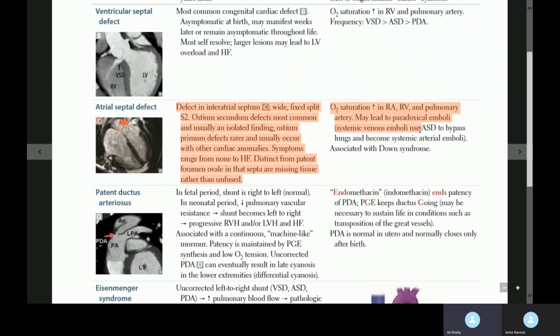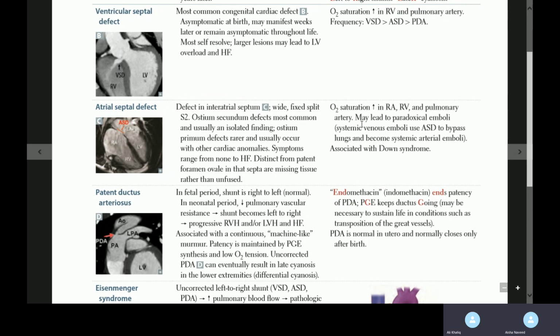What are you getting from this? The first part: increase in the right atrium, right ventricle, pulmonary artery. What do you mean by that? I'm just saying that the oxygen saturation increases in the right atrium and right ventricle. Because you're mixing the blood now, I'm guessing it's more oxygenated.